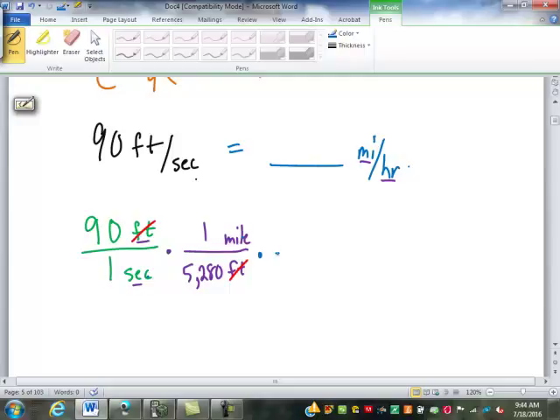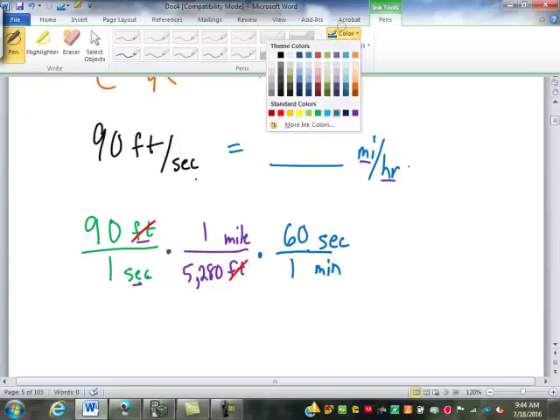So what unit do I need to get rid of next? The second. Where do I have to put it over here to make it cross cancel? On top. We're not used to putting things on top to cancel them out, but now we have to. Now I don't have seconds to hours, but I do have seconds to minutes. I know that 1 minute is 60 seconds.